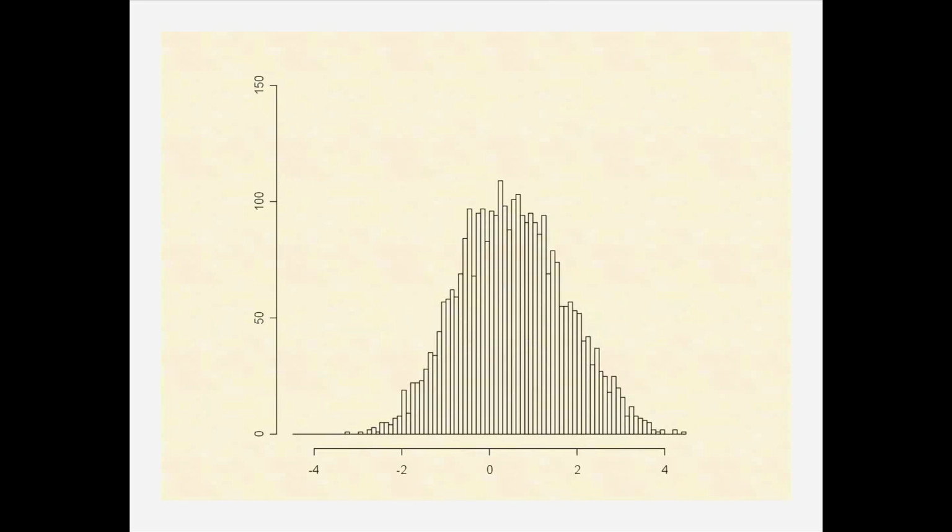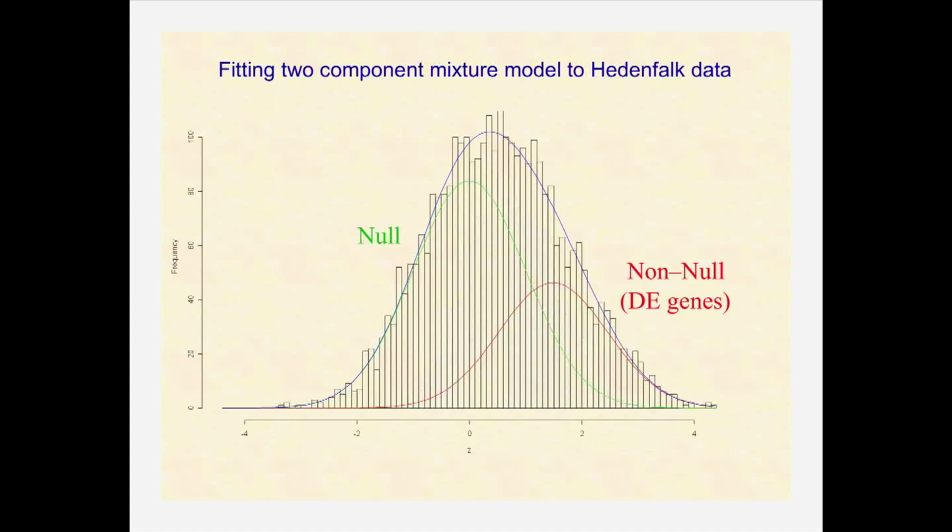So here's the head and neck data set that I mentioned earlier, here's our histogram for the z-scores, and we're fitting a mixture of two normals to it.